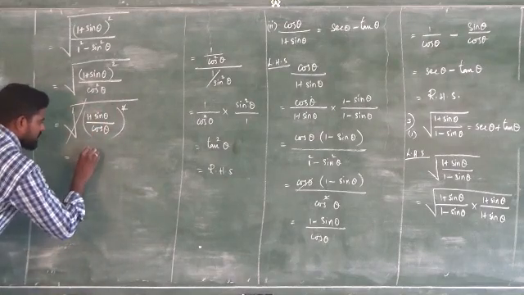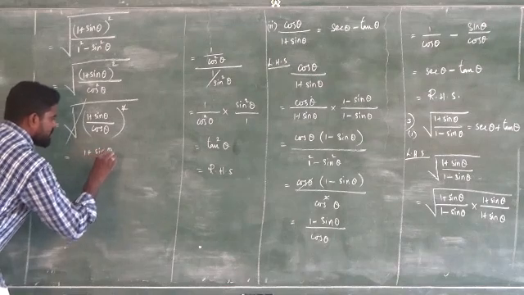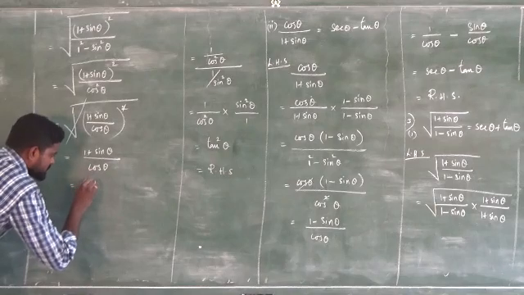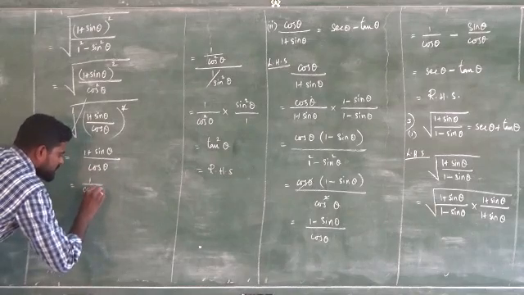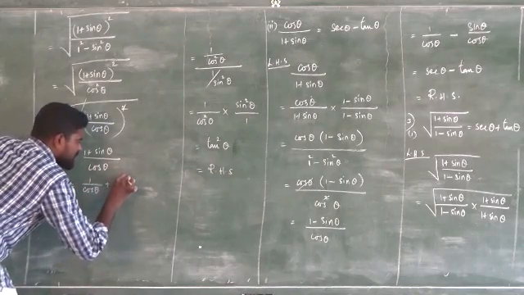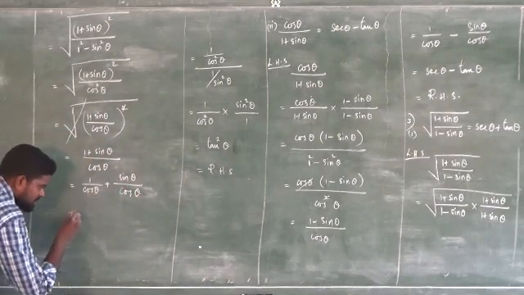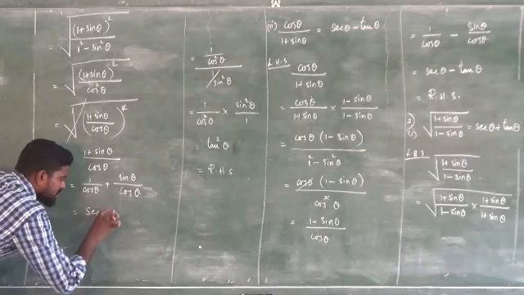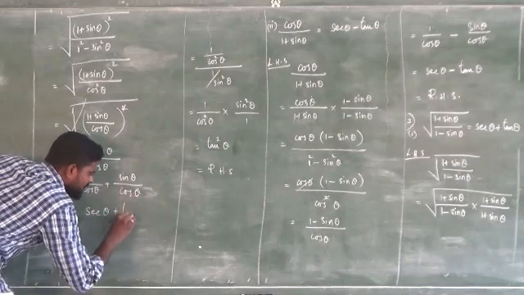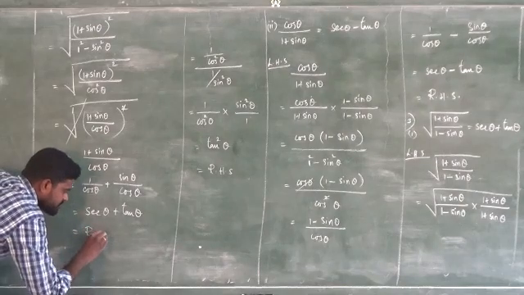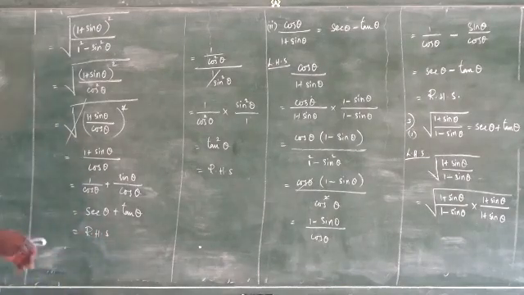So what is remaining? 1 plus sin theta by cos theta. Now we can write this as 1 by cos theta plus sin theta by cos theta. 1 by cos is secant theta plus sin by cos is tan theta, that is the RHS. So hence the proof.